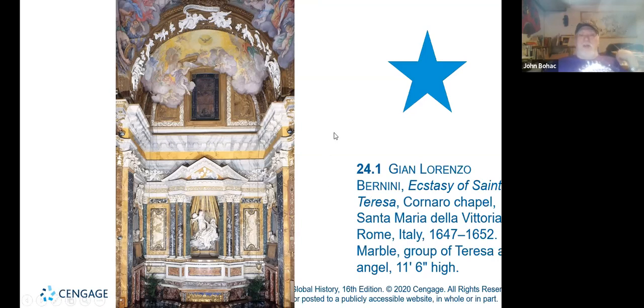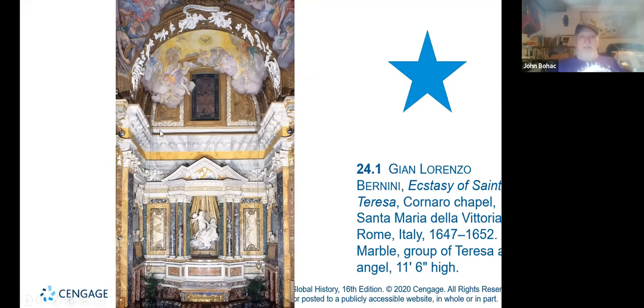Bernini was a sculptor, and the church commissioned him to do all kinds of things. So Rome and the Vatican, they start building buildings. They put statues in public places. They do fountains. They make Rome, at least they tried to make Rome, as glorious as it was 1500 years prior.